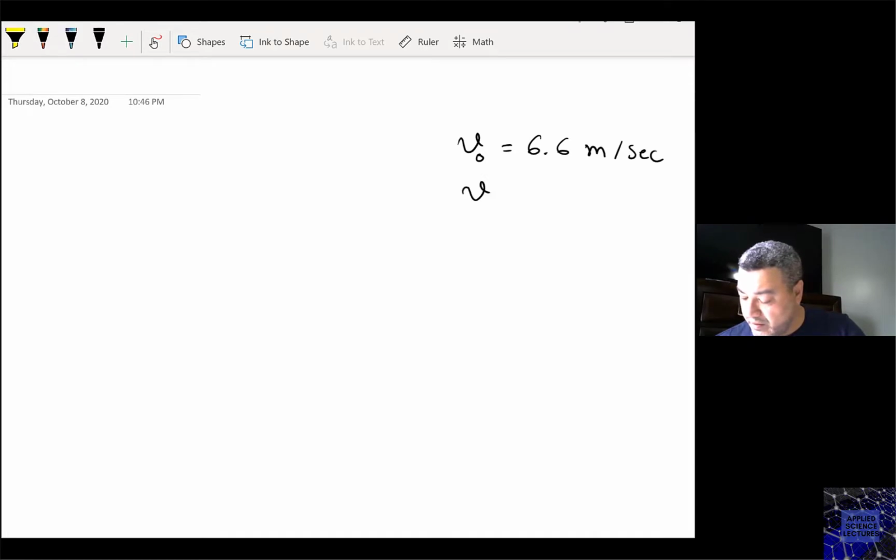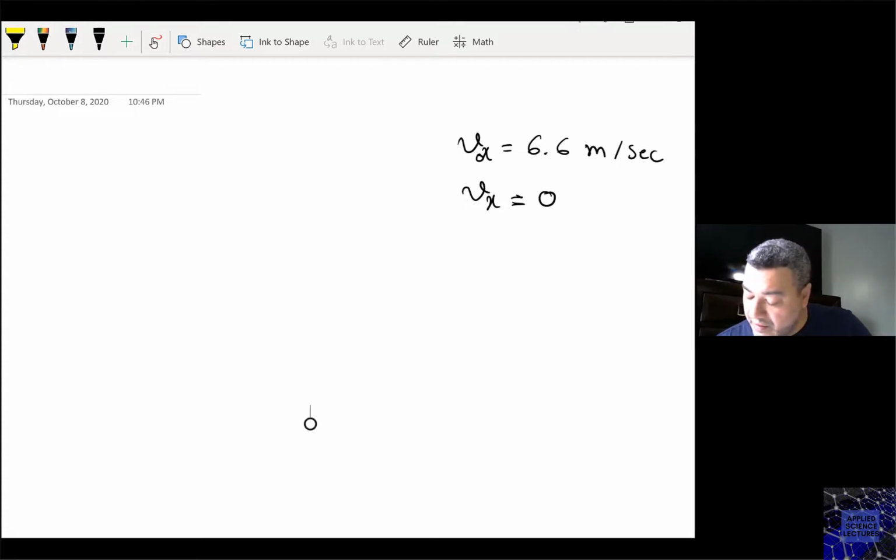Vx now becomes 0 in a distance of 2 millimeters. So this is the distance that he is hitting on.